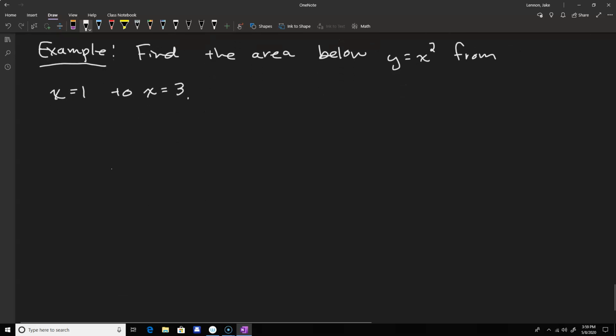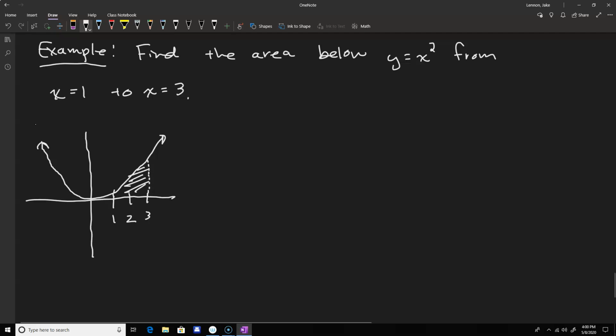So what's going on here is we know the curve y equals x squared is just the parabola with vertex at the origin. So, we've got some picture like this. It's not the best picture, but you get the idea. So let's say this is 1, 2, and 3. Then basically if you would look at the curve between 1 and 3, we're trying to find this area right here.